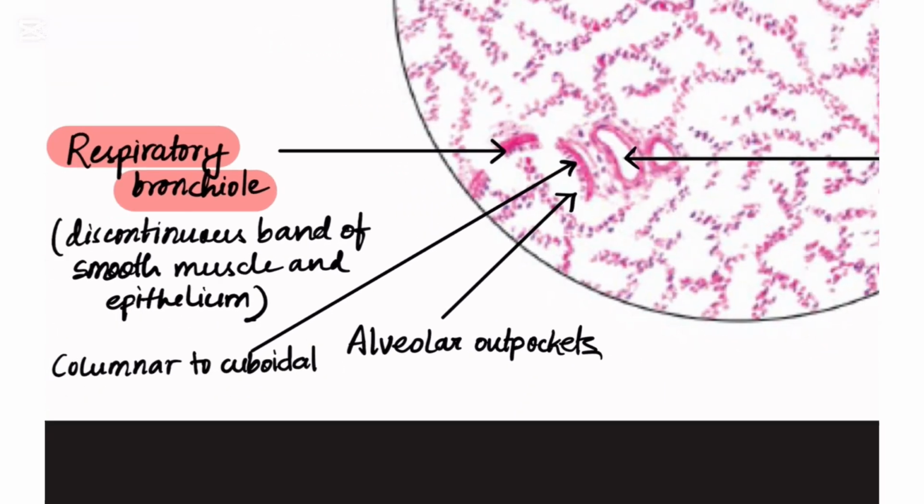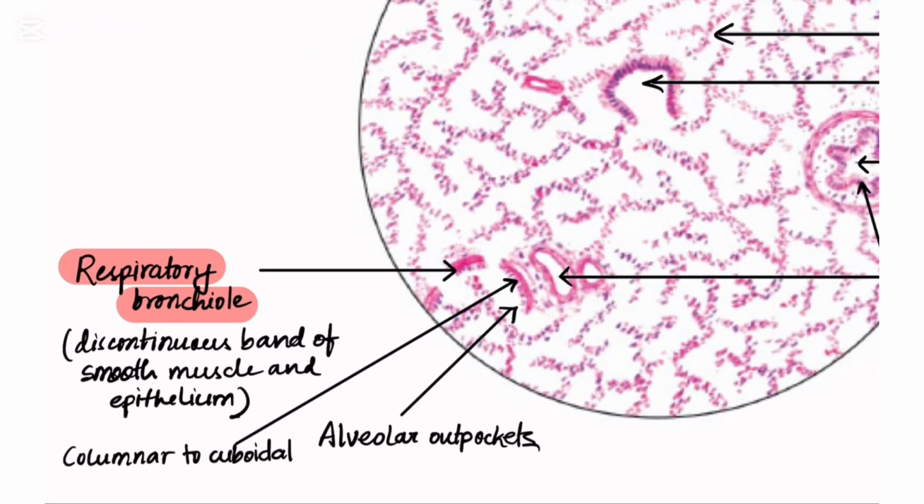After terminal bronchiole, you have another structure called the respiratory bronchiole. Respiratory bronchiole also has the lining epithelium and the smooth muscle. However, they are broken. So you will find a discontinuous band of smooth muscle and epithelium.